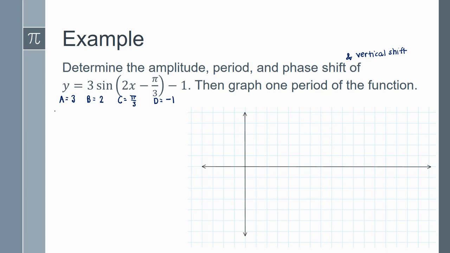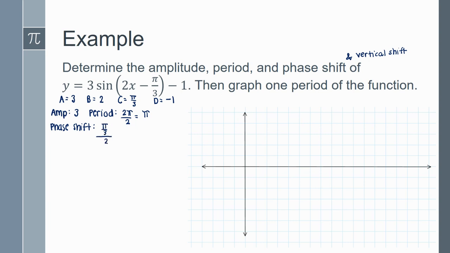All right, so remember, amplitude is the absolute value of A. So absolute value of 3 is 3. My period, because sine and cosine graphs are the same, is 2 pi divided by the absolute value of B. Well, absolute value of 2 is 2, and so 2 pi divided by 2 is pi. All right, phase shift is going to be C divided by B. So my C value is pi over 3.